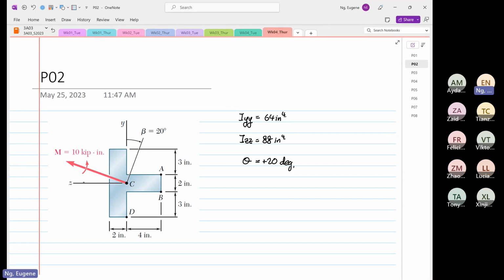Why positive? Because from Z to here, it is positive 20 degrees. Okay, positive, because it's going in a clockwise orientation. Okay.